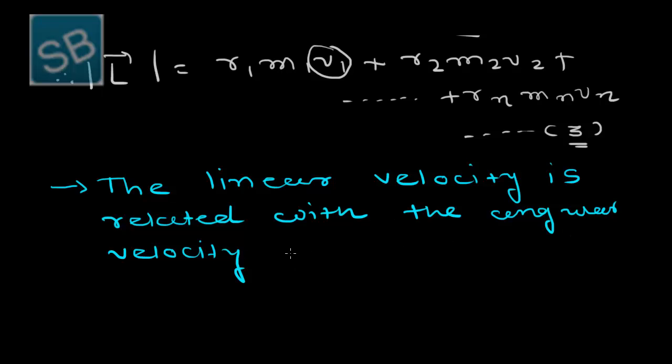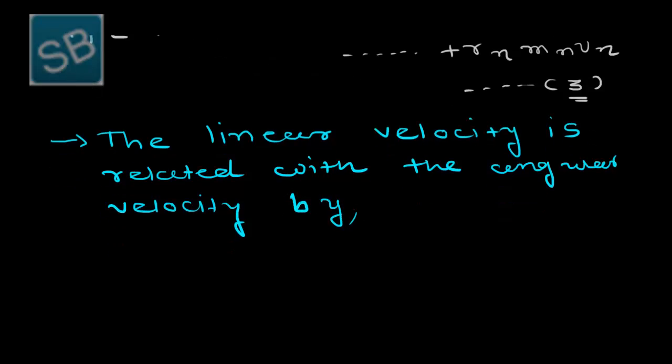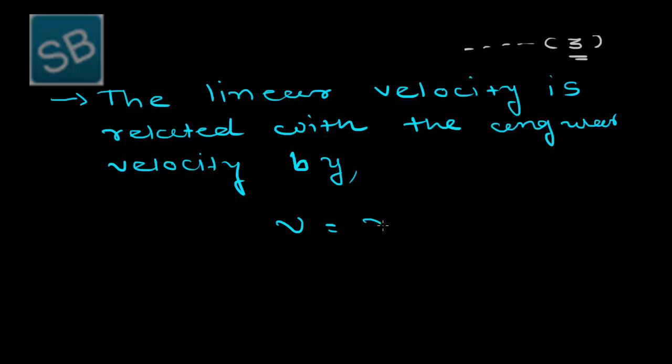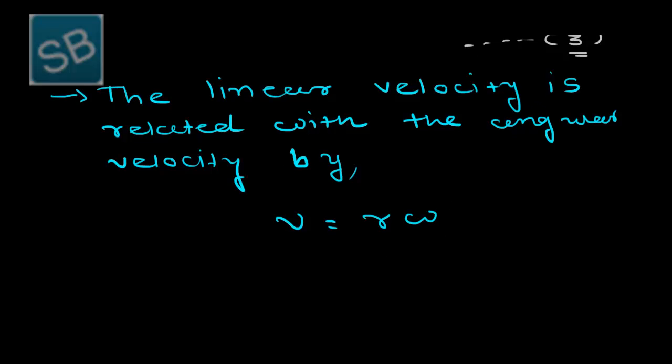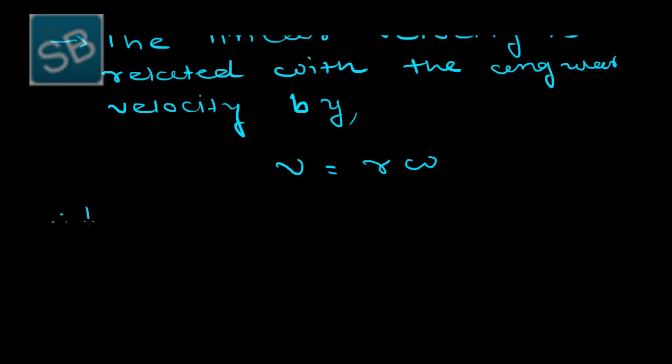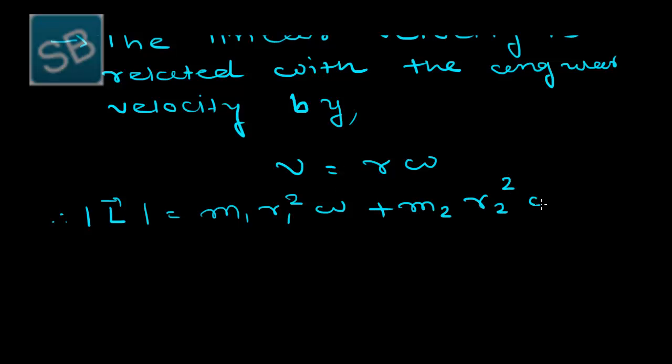So the relation is given by V equals R omega, that we have already found, and I am substituting this relation in equation number 3, and hence my value for modulus of L equals M1 R1 square, because R into R is R square.